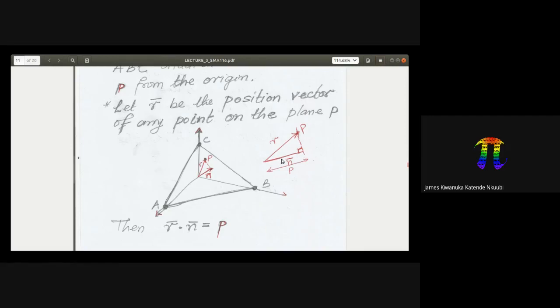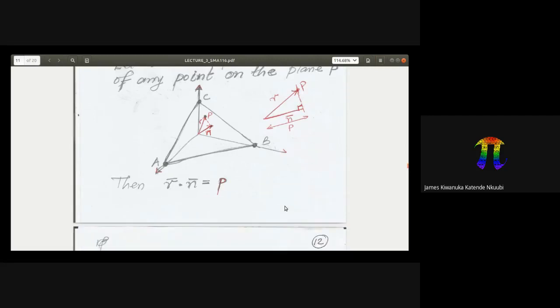So if the vector is shorter, you have to extend it. In this case, n will be shorter, so you have to extend it in that direction to get the projection. This distance, we know, is p. And the projection of this vector r on n is just r dot n. So for any point on the plane, this equation will always be true and will therefore define the equation of a plane.